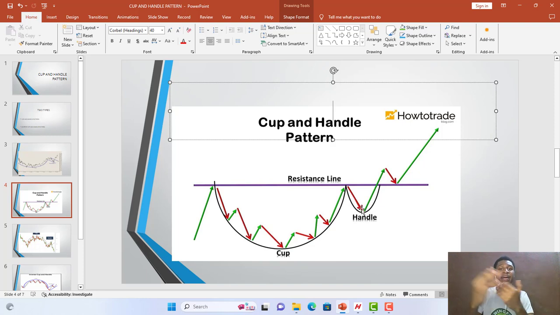Just have a mental picture of your handle. Now, at the end of the day, it finally breaks it. Whenever it's spotted, don't even think of selling or shorting the market. Only think of buying the market. I'm going to show how to buy it, and how it looks like on the chart. But whenever it's spotted, it's a good buy.